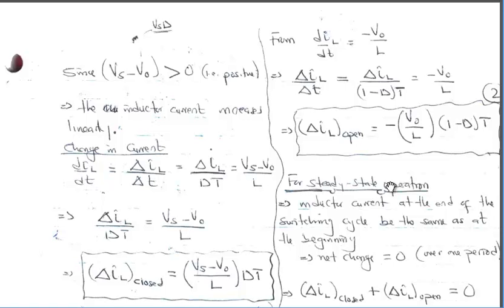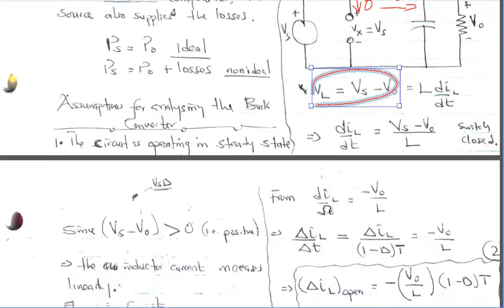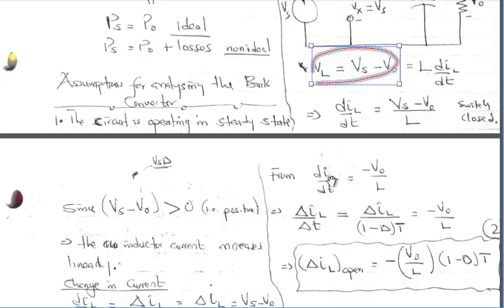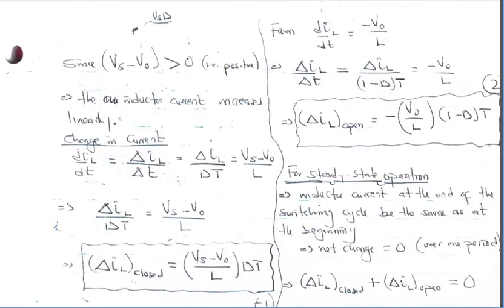I also have a comment over here. Since we are dealing with a buck converter where the output voltage is always less than the input voltage, it means that Vs minus Vo, which is the same as the voltage across the inductor when the switch is closed, is always going to be greater than 0. This implies that the current through the inductor during the switch closed operation is going to keep increasing.